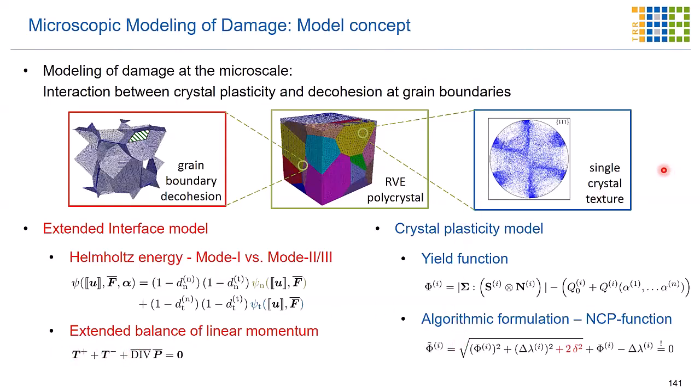And here again, as a short reminder for the crystal plasticity model, it of course has the structure of that crystal, so you can have multiple yield functions and slip planes. If you are familiar with classical plasticity, you would have only one yield condition, but here you have multiple ones.